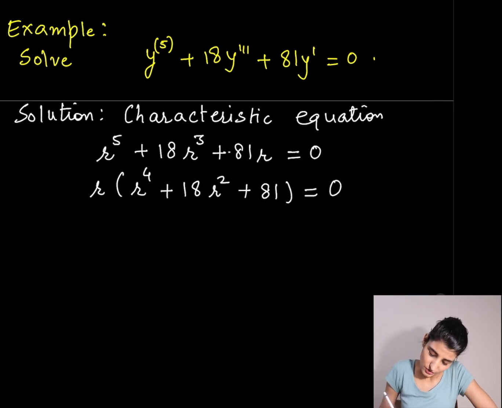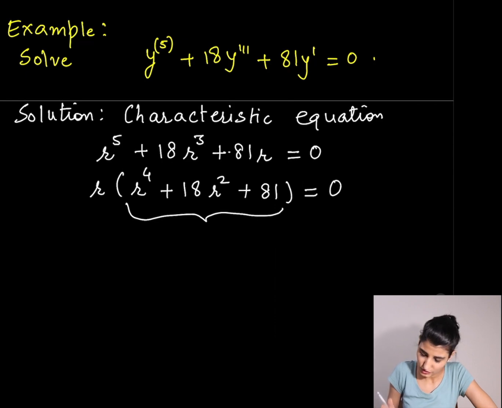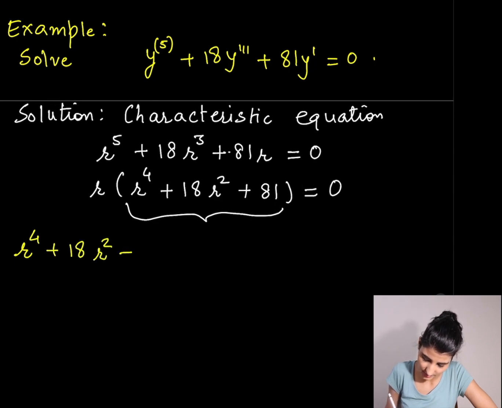Okay, so if you look at this equation little carefully, what you will observe is you only have the even powers. So we want to find out the roots of this equation, r power 4 plus 18r square plus 81.